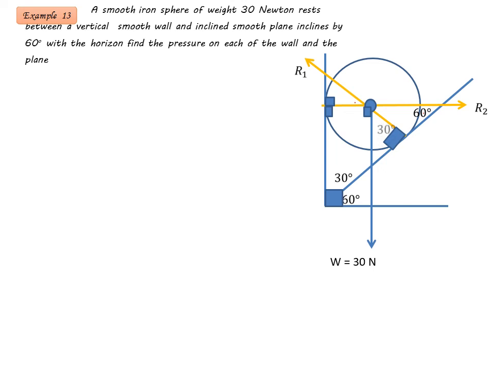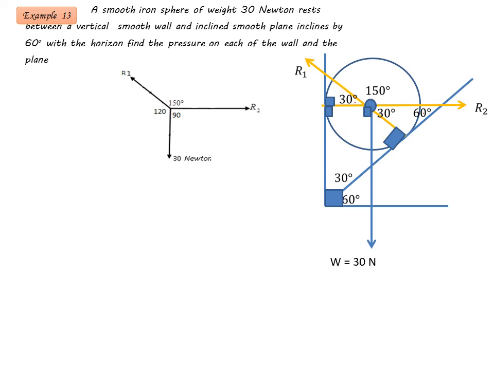We have 90 degrees here. Here we have a right-angled triangle. First angle equals 90 and the second 30, so the third will be 60 degrees, right?